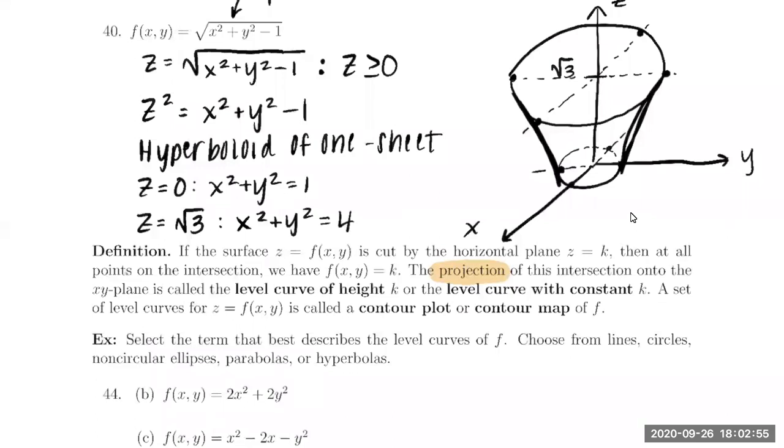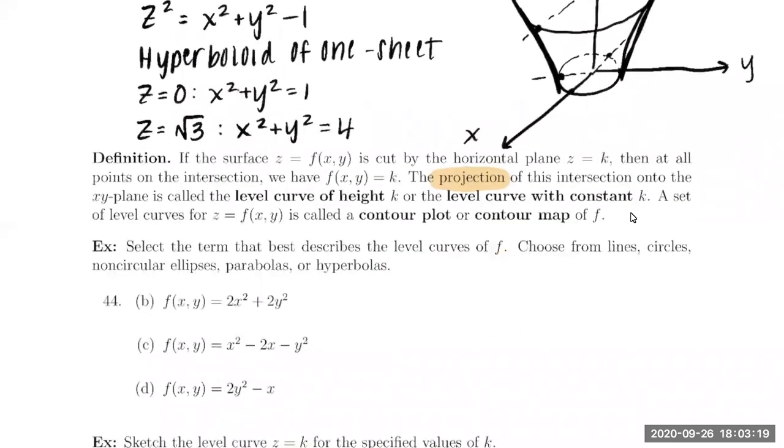And what it does is it allows the reader to see how steep or how gradual the slope of the mountain is on a two-dimensional paper. That's exactly what these level curves are. Each individual curve is a level curve, and then the set of them all together is this contour plot or contour map. So I always like to think of that example of topographic maps when I'm working with these.